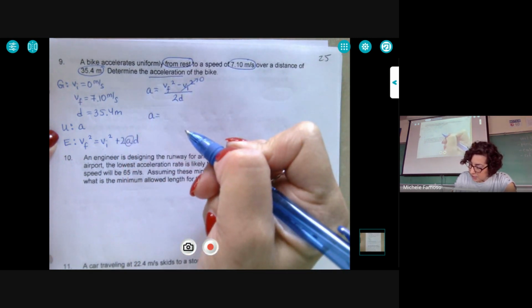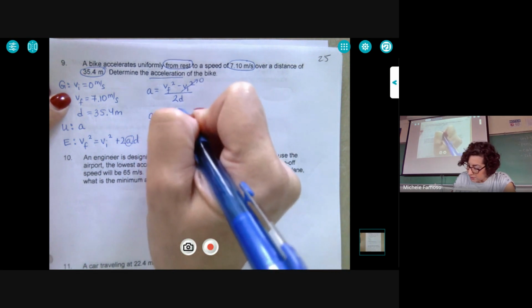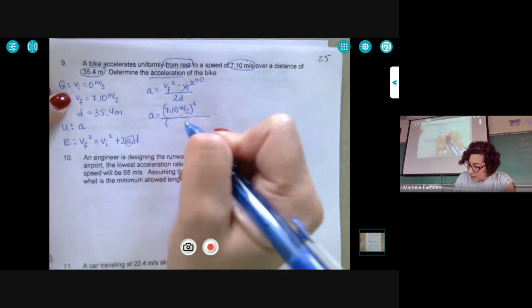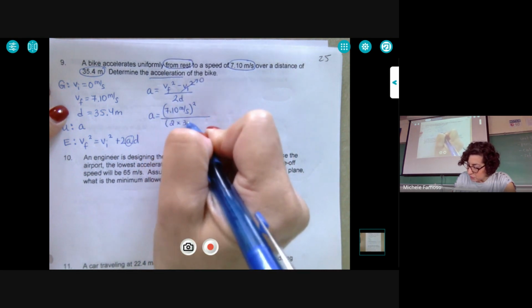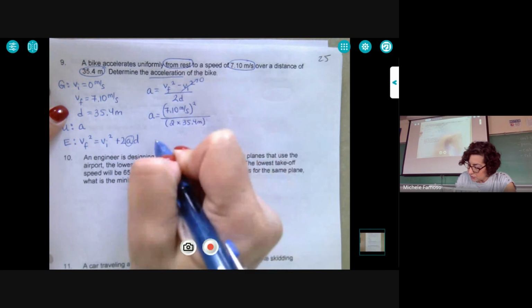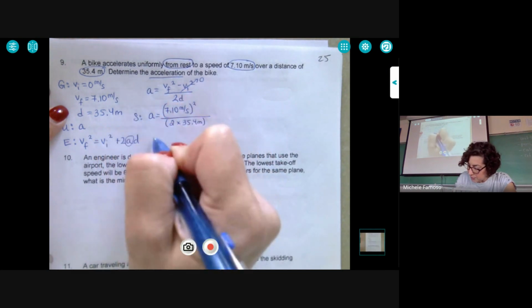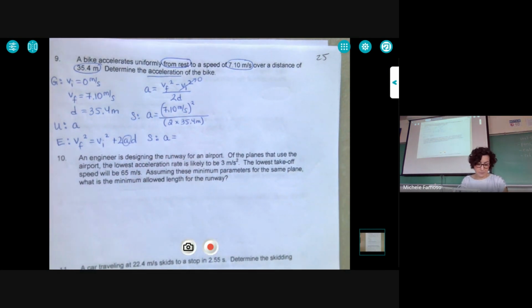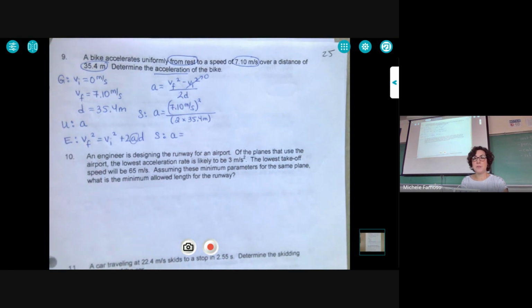So A in this case would be 7.10 meters per second, which we're going to square, and we're going to divide by the quantity 2 times 35.4 meters. That's our substitution step. Now we're going to solve it. We'll need an answer with proper units, sig figs, and direction.